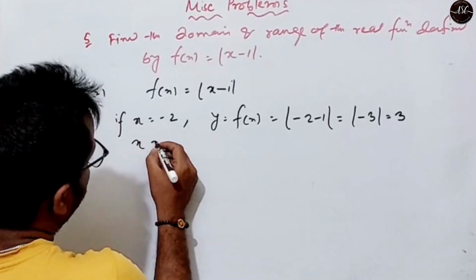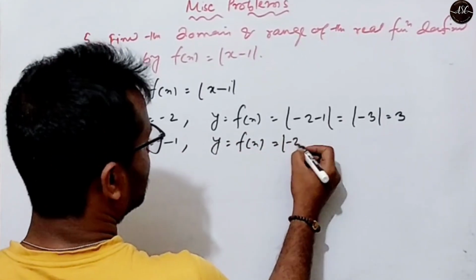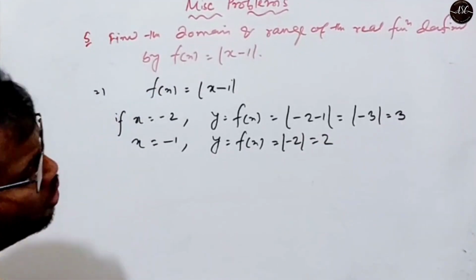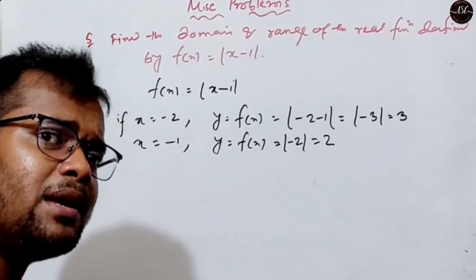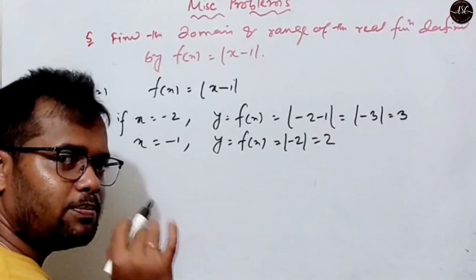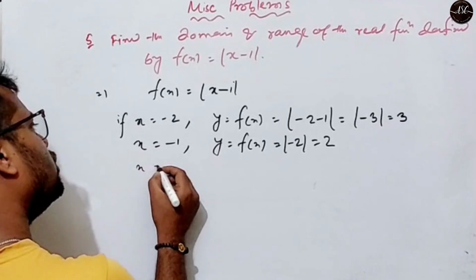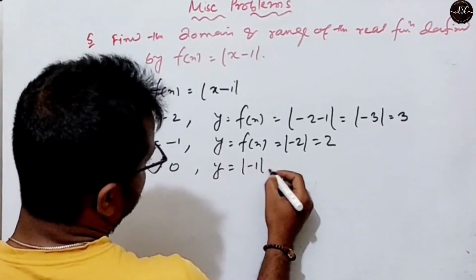Now x equal to minus 1. So y equal to f(x), that means mod of minus 2, that means 2. So here we find if we put the value of x as a minus, okay, so we get all the positive values of y. If x equal to 0, y equal to mod of minus 1, that means 1.